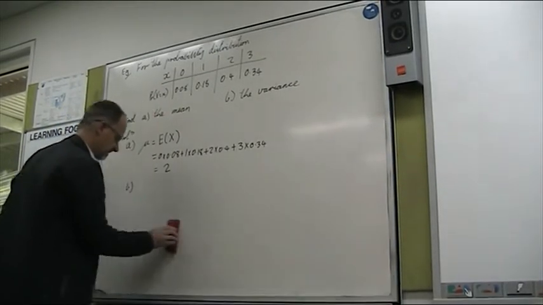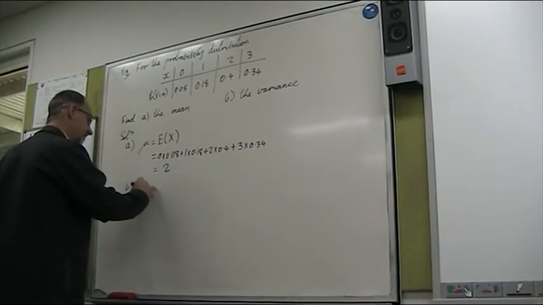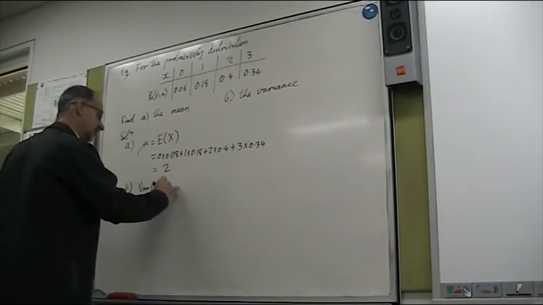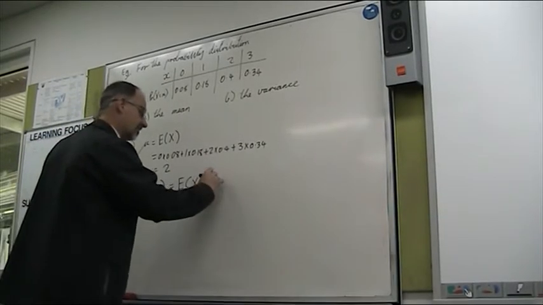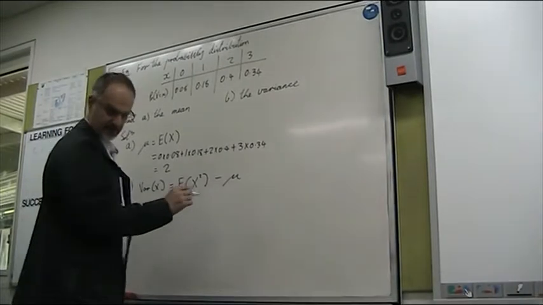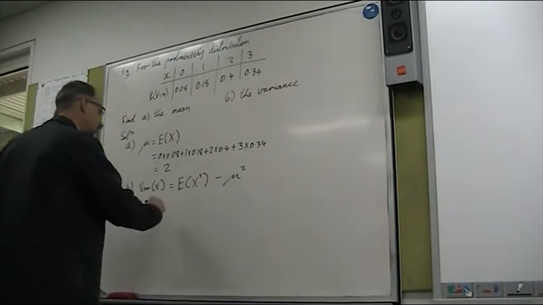So the variance is the expectation value of x squared minus the mean squared.